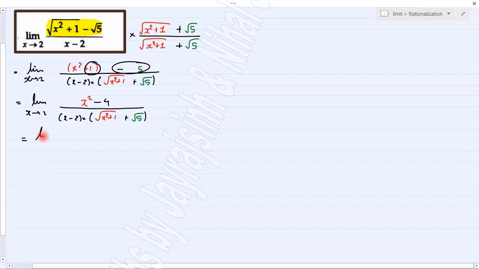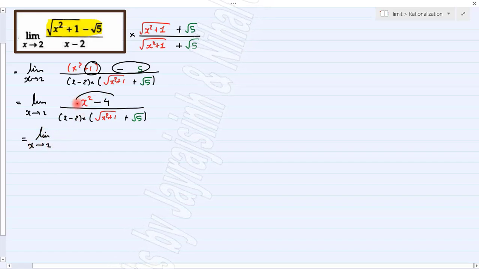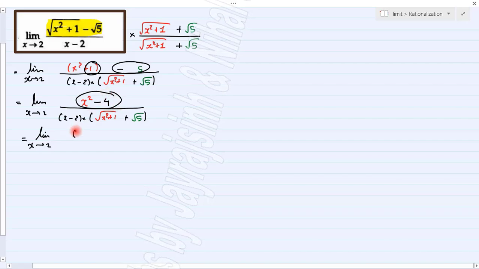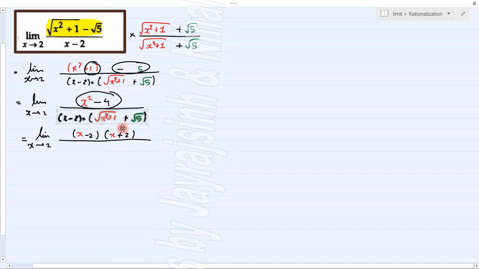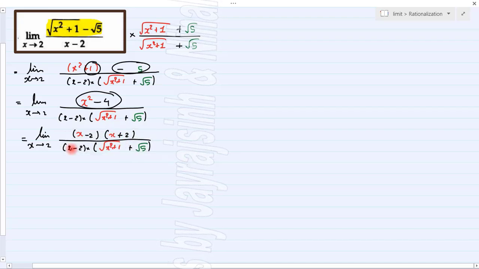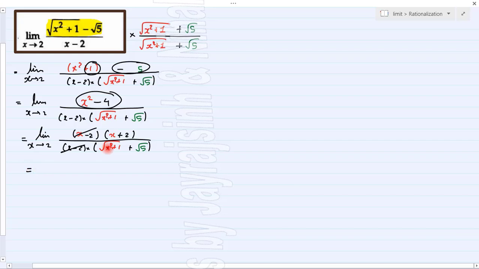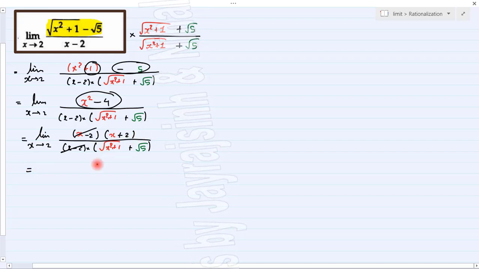Now, limit x tends to 2, and this x square minus 4 can be split into x minus 2 into x plus 2, upon your denominator, which still remains as it is. So this x minus 2 will cancel out and we will be ready to substitute our limit. Just replace your x by 2.